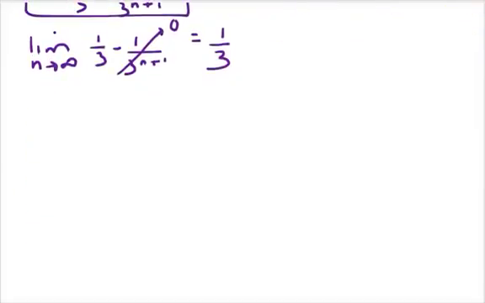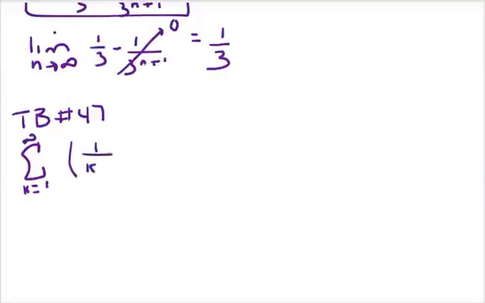So there's a similar problem in your text, and I think I may have given you one in MML, maybe not, I can't remember. Let's go through it just in case I did give it to you. This is textbook number 47, and hopefully I gave you an example. If I gave you one, it's going to be just one, because I want you to focus your attentions on the geometric series.